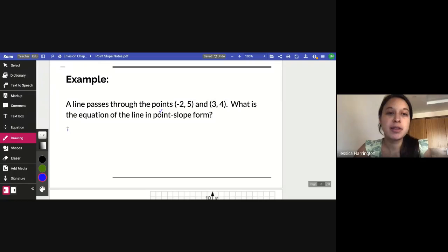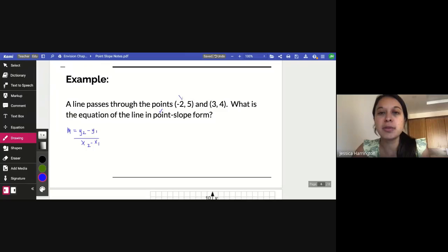So remember how you find the slope? This is why we did that review in the last lessons. To find the slope, you need to do y2 minus y1 over x2 minus x1. So let's label.